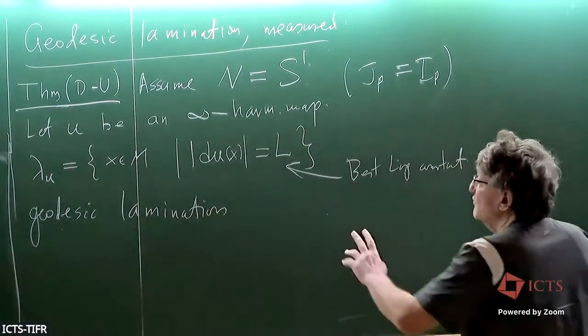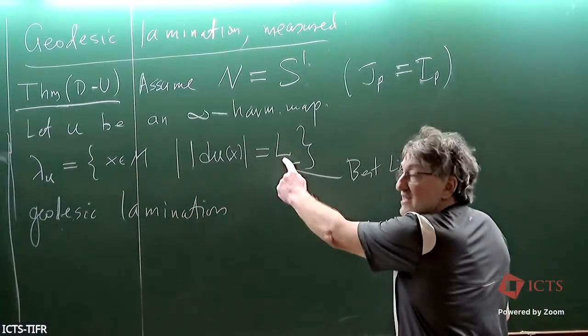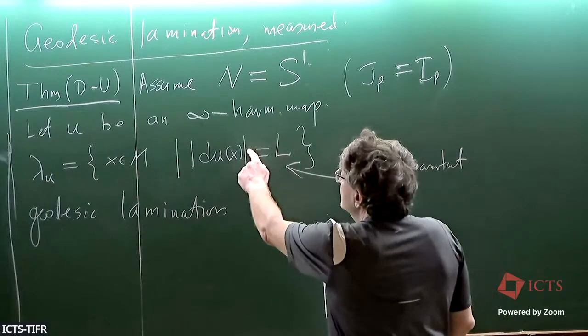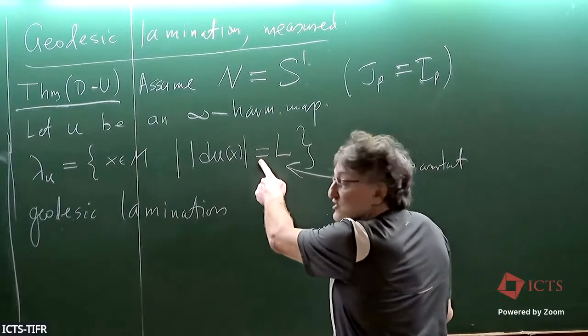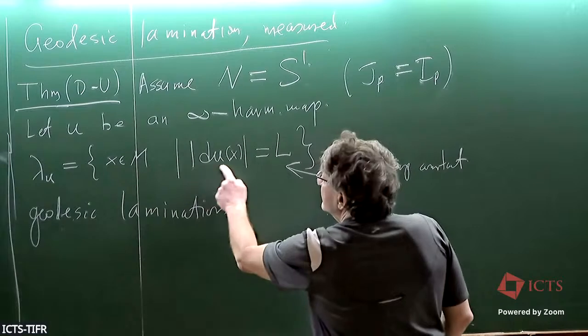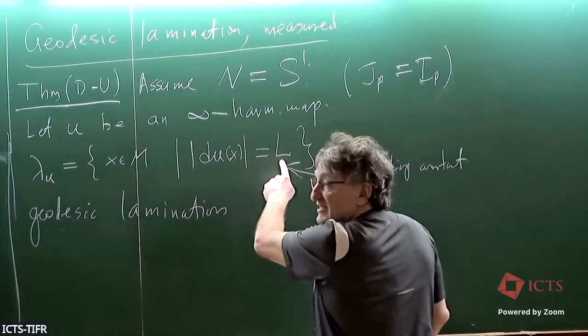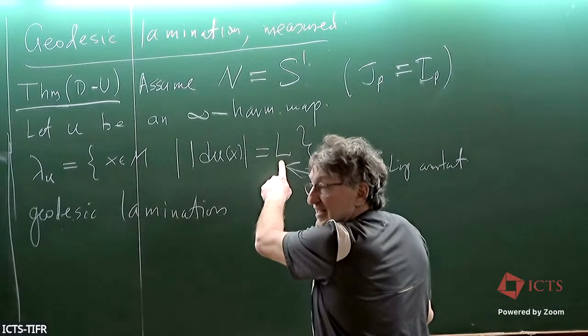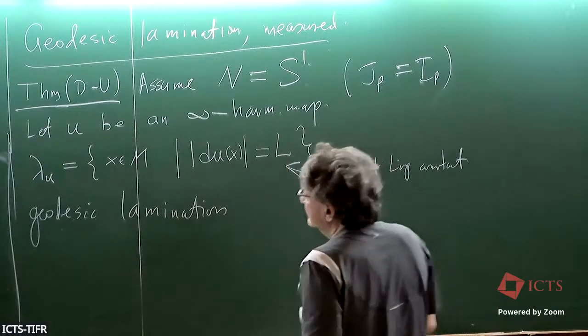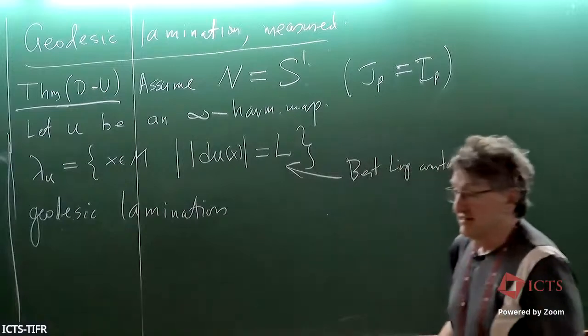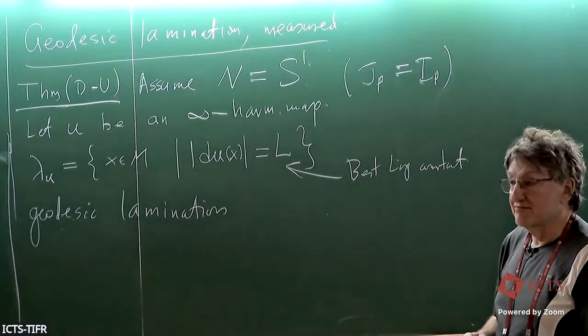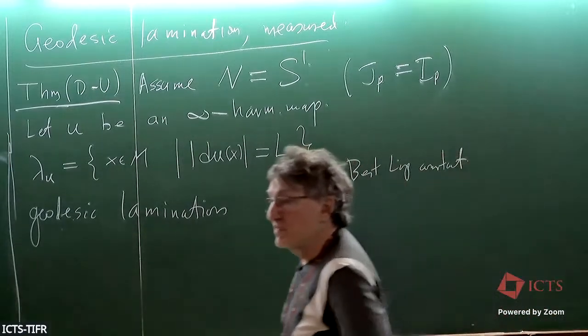So first of all, we know that because L is the Lipschitz constant of U, |dU(x)| is less than or equal to L. So we're looking at the set of points where the Lipschitz constant is maximum. And the theorem is that this is a geodesic lamination. Okay, this is the theorem.